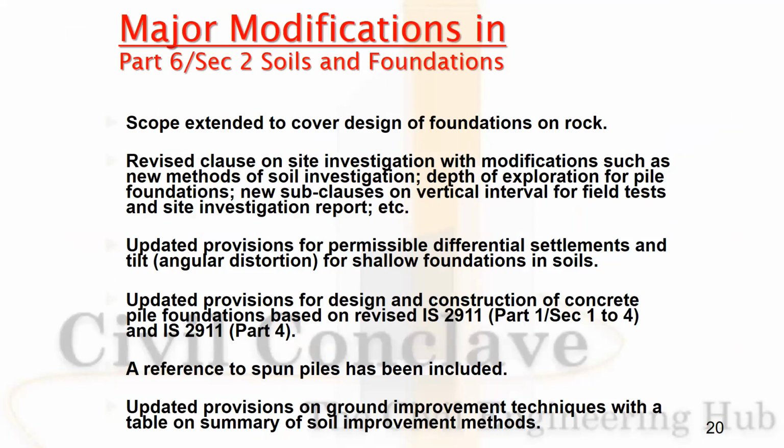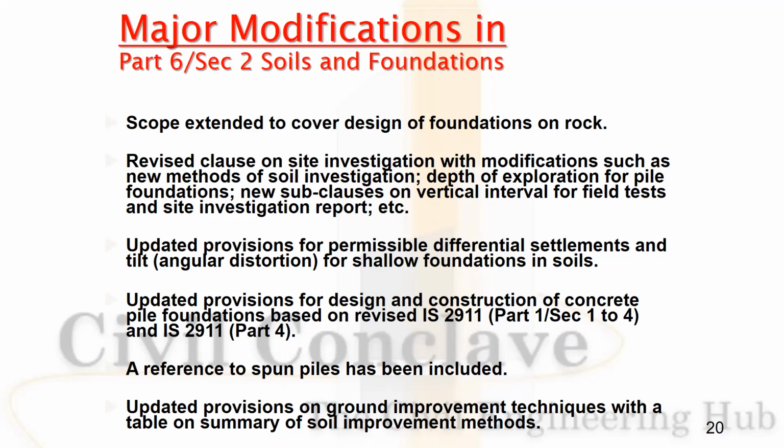Major modification Part 6, Section 2, soils and foundation. Scope extended to cover design of foundation on rock. Revised clause on site investigation with modifications such as new methods of soil investigation, depth of exploration for pile foundation, vertical interval field test, site investigation reports, etc. Updated provision for permissible differential settlement and tilt, that is, angular distortion for shallow foundation.